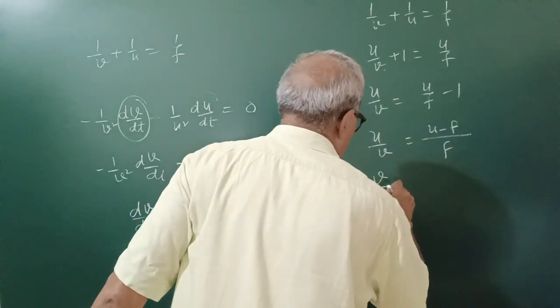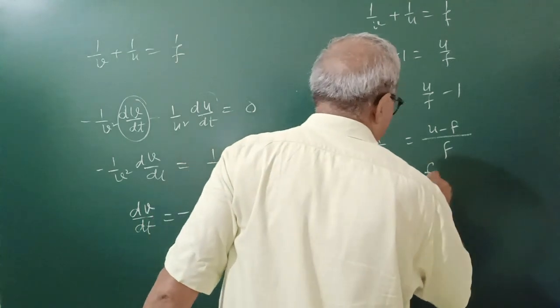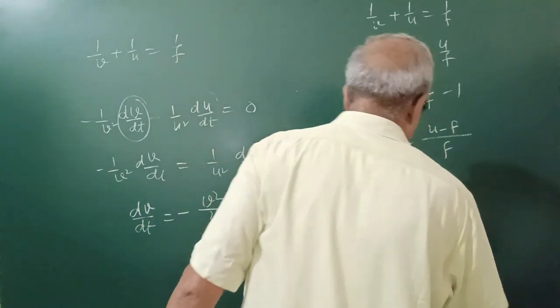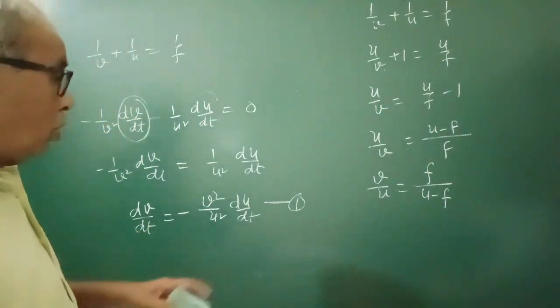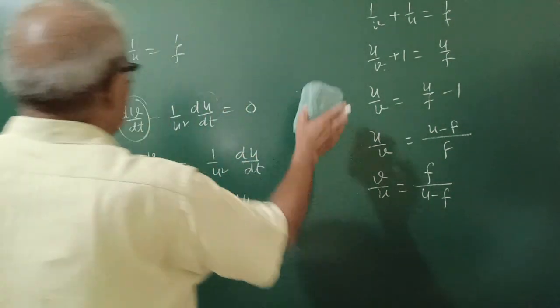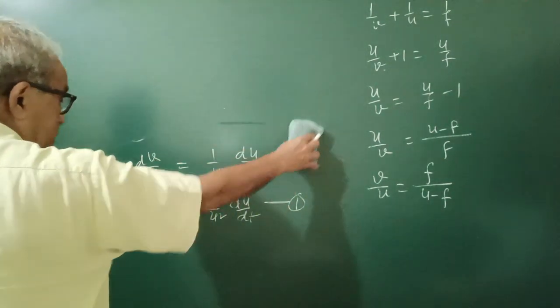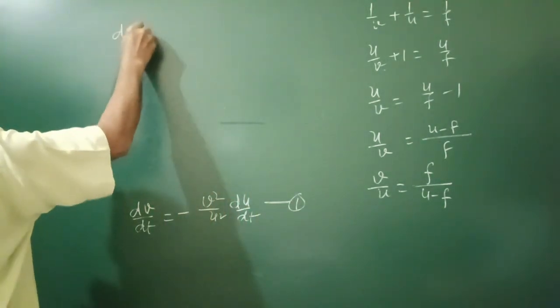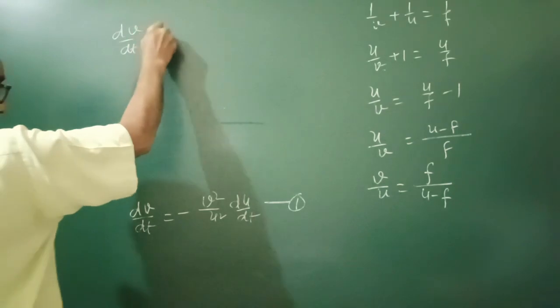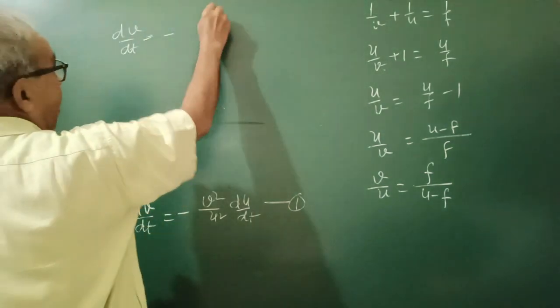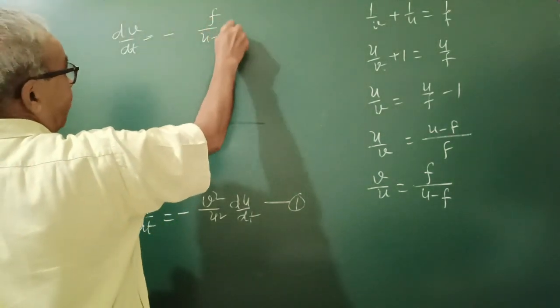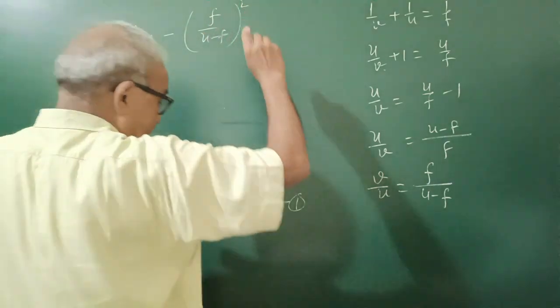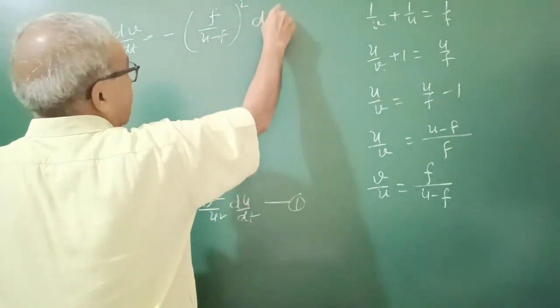So v upon u is equal to f upon u minus f. Putting this value in equation 1, we get dv over dt equal to minus f upon u minus f whole square into du over dt.